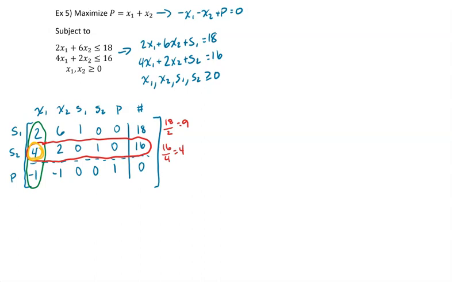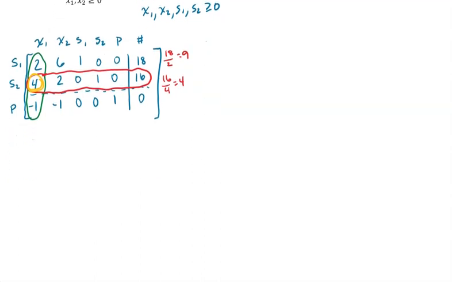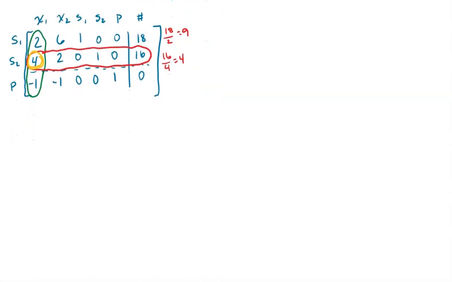Okay, so this time our pivot is not 1. So in that case, we are actually going to have to change that to a 1 first. So the operation to change it to a 1 is just dividing that row by whatever number is there. So it's row 2, and we're going to divide it by 4. That'll be our new row 2.